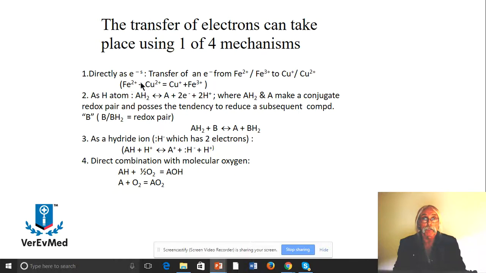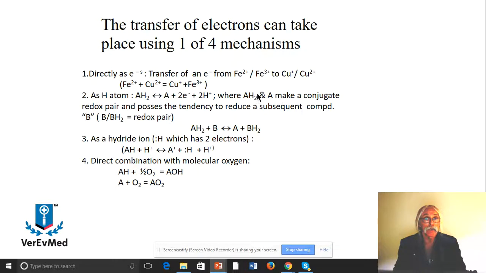So for example, Fe2+ plus Cu2+ goes to Cu plus Fe3+, right? So what have we done here? We've oxidized the Fe2+ and we've reduced the copper here, right? That happens in those iron sulfur centers that we just talked about in the electron transport chain. Second, as a hydrogen atom. Again, a reduced form of some organic metabolite, oxidized. You strip off those electrons and protons.